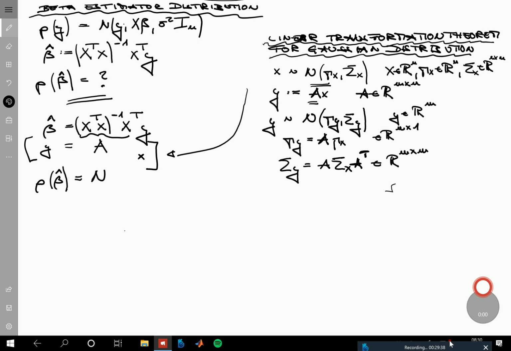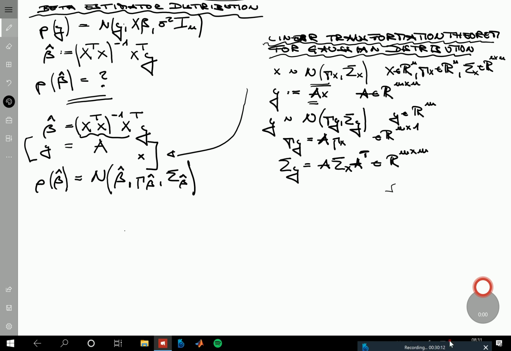It has a multivariate Gaussian, and of course here it's p-dimensional because our beta parameters were always p-dimensional, and it has an expectation vector mu beta hat and a covariance matrix parameter sigma beta hat. And then the last thing to do is essentially to evaluate what the parameters of this are, and this of course one can straightforwardly do.